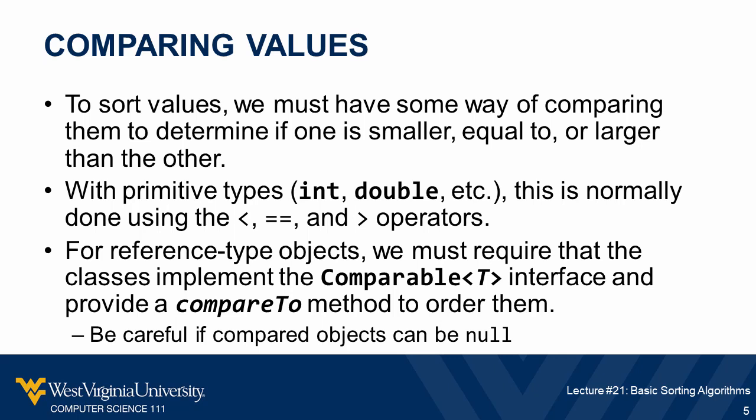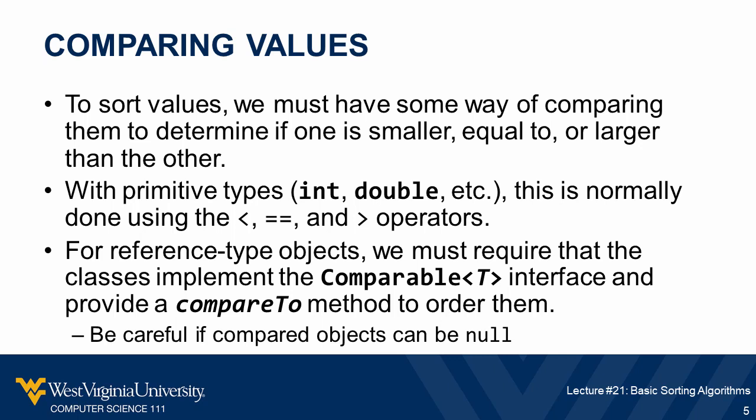The standard solution here is to make sure that the objects we're storing implement the Comparable interface, which means that they're going to have a compareTo method that allows us to figure out how two objects stack up relative to one another. If we're using one of the common reference types that's built into Java, like its primitive wrappers such as Integer and Double, or String, things like that, compareTo is already implemented.